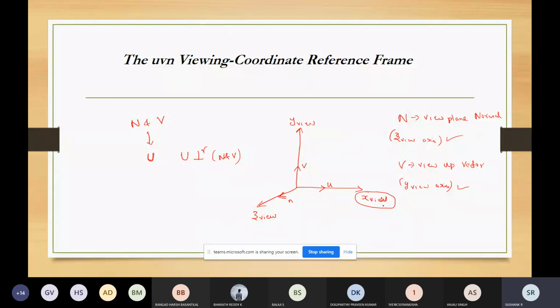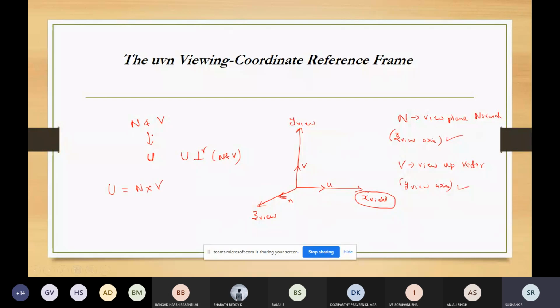So how can we derive this vector U? By taking the cross product of N and V. We can obtain U by taking the cross product of vector N and V.